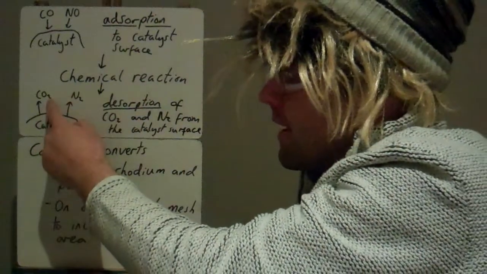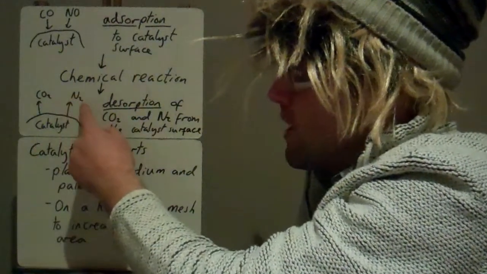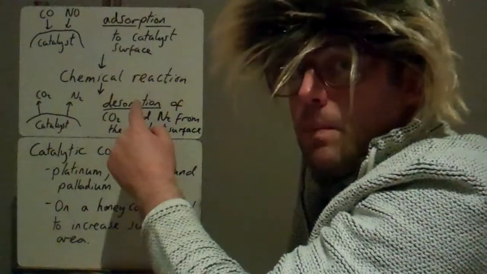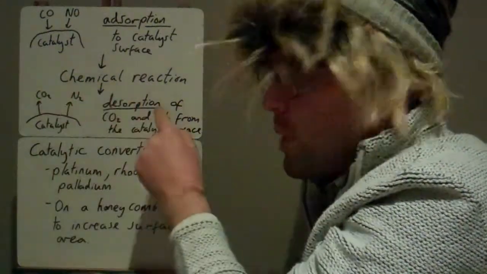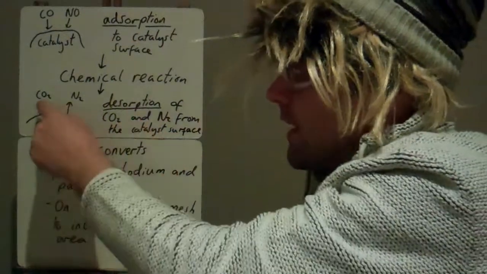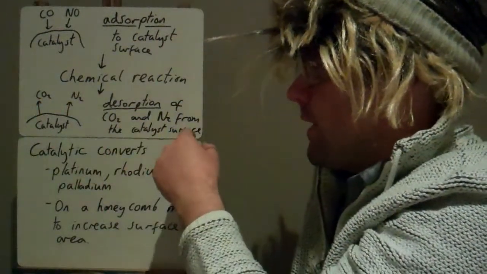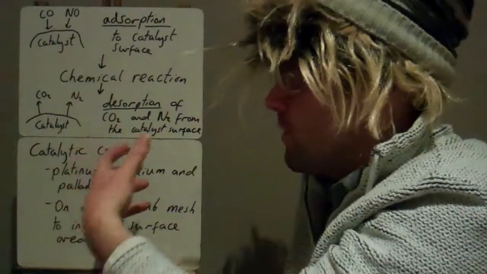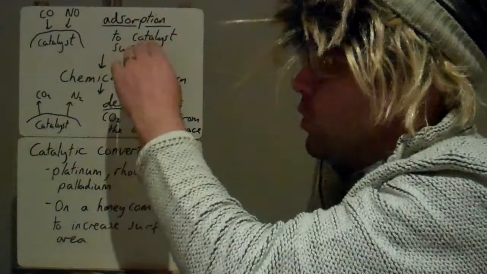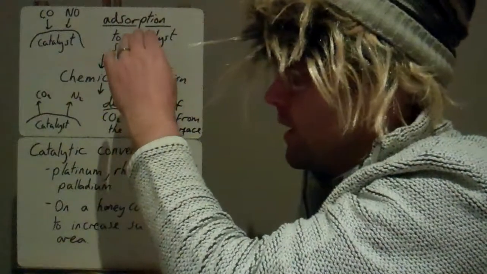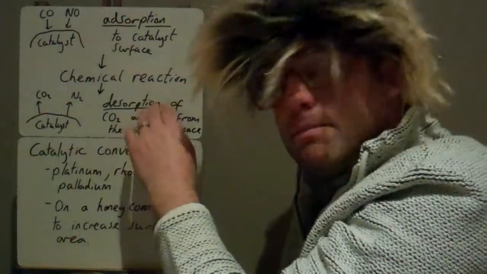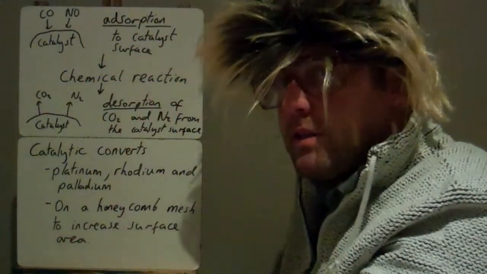And then that can make CO2 and nitrogen, and then these gases are desorbed. We don't want them to be bonded too strongly, otherwise we won't get desorption. So the gases that are produced are desorbed, and carbon dioxide and nitrogen from the catalyst are removed from the surface by desorption. So you get adsorption of the reactants, the chemical reaction, and then desorption from the catalyst.